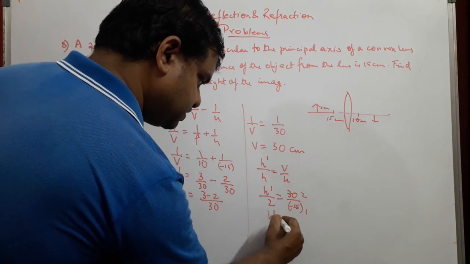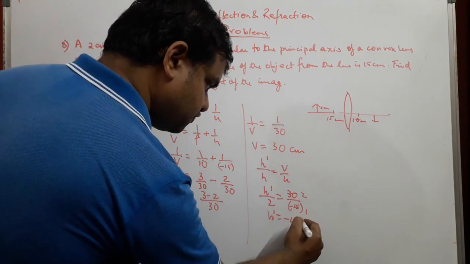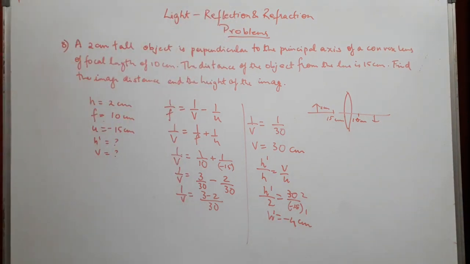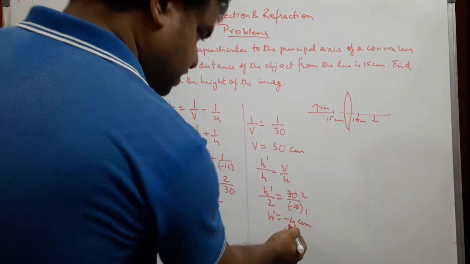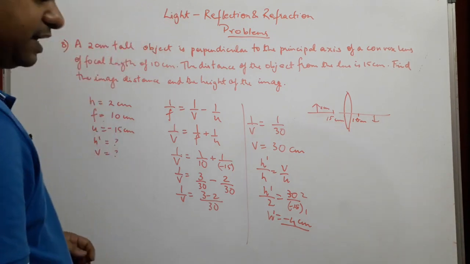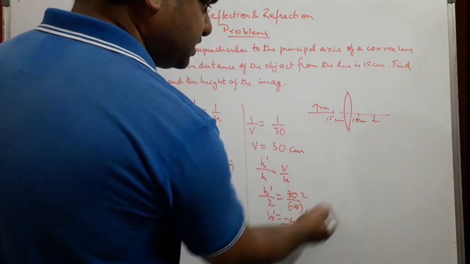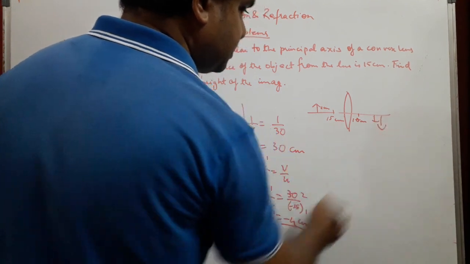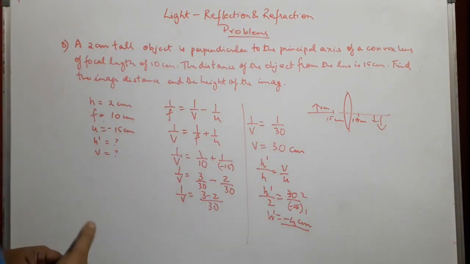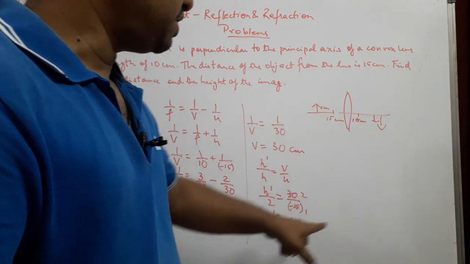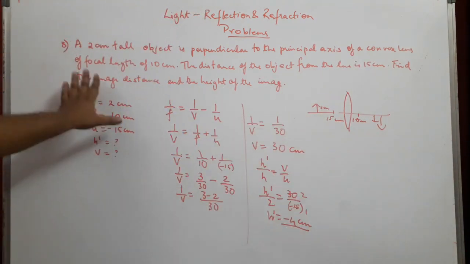So h dash is equal to minus 4 centimeters because of the negative sign over here. This tells you that the height of the image is negative, which means the image is inverted, as I told you before, because convex lenses form real and inverted images.